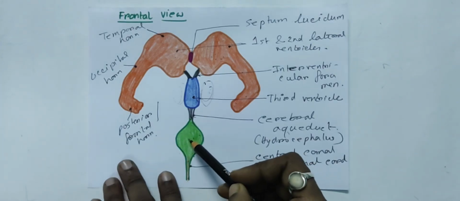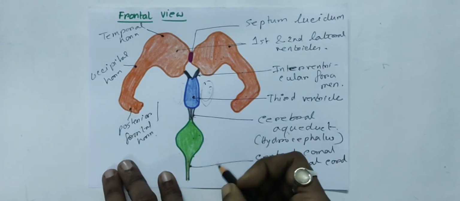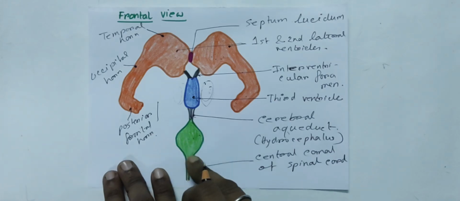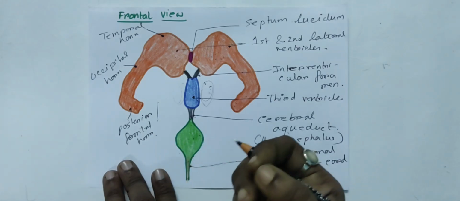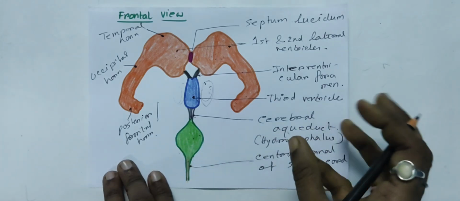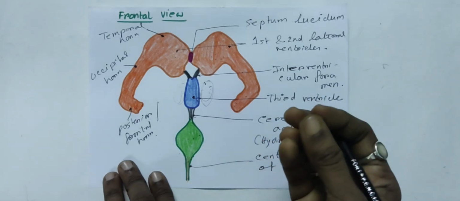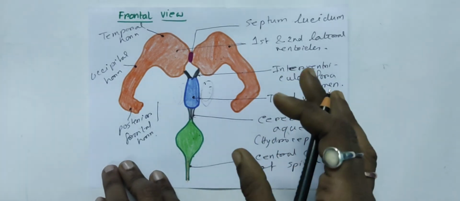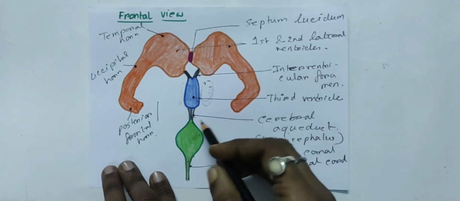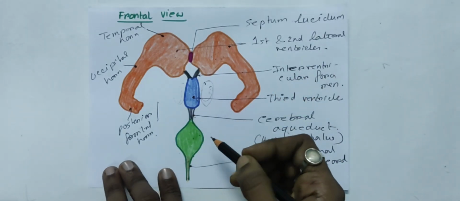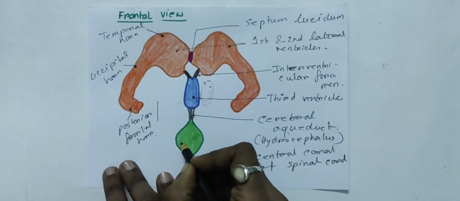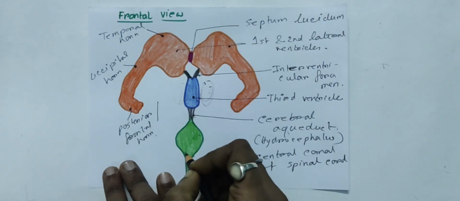The fourth ventricle is diamond shaped and located between the pons and cerebellum, and it has three small foramina. The term foramen is related to an opening, a passage. So the fourth ventricle has three small openings, two lateral and one median aperture.